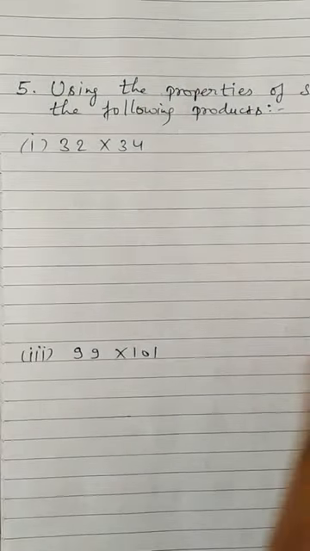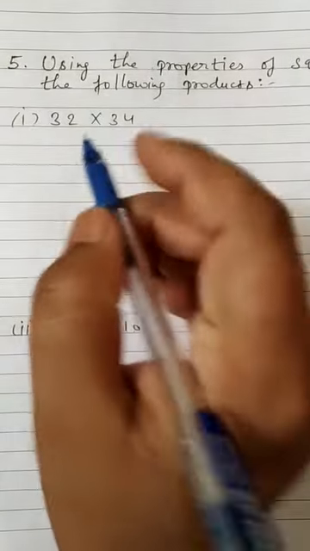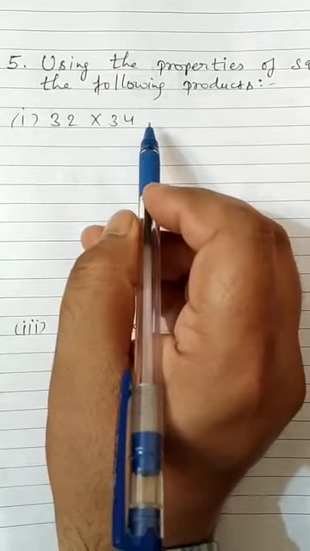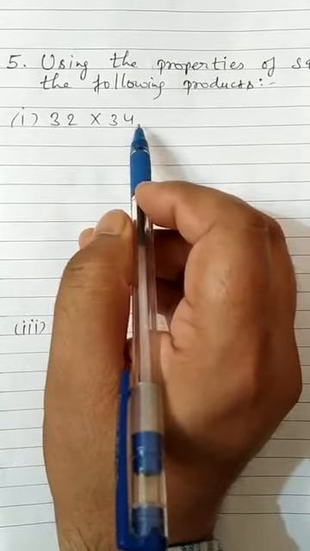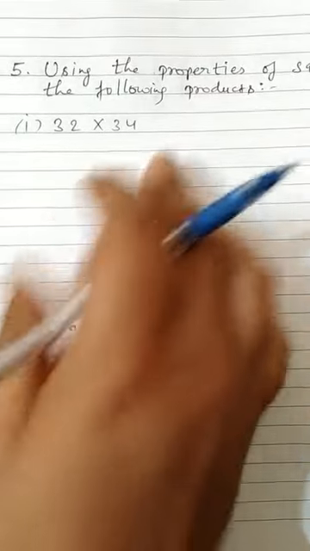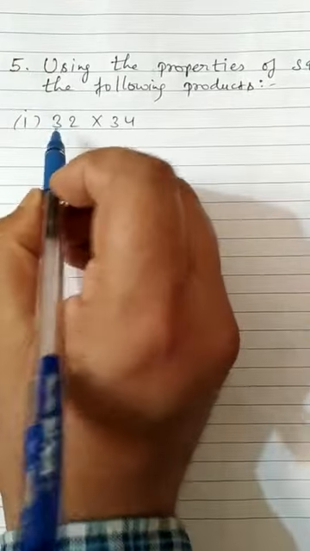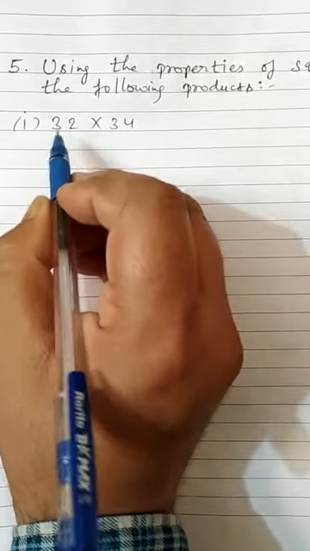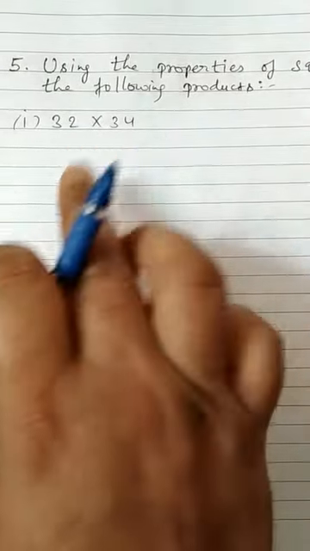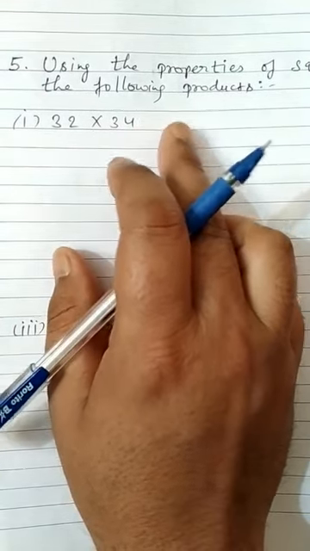Number 5. Using the properties of squares, find the following products. 32 multiplied by 34. In this, what is common between these numbers? The common is that when we add 2 to 30, we get 32, and when we add 4 to 30, we get 34.